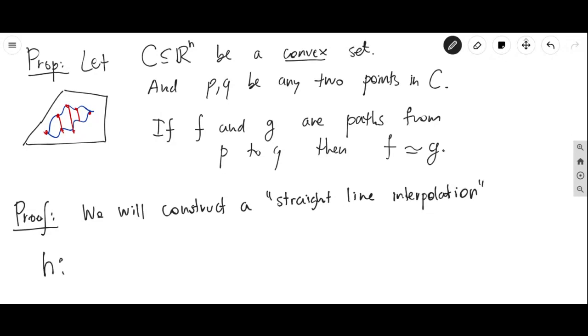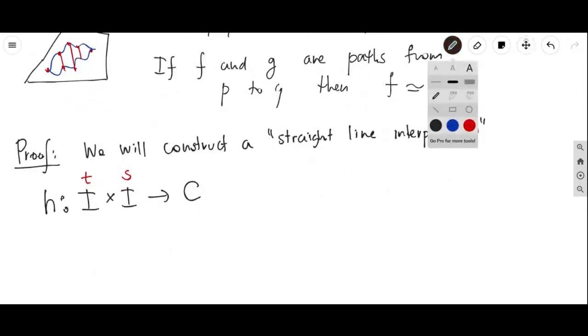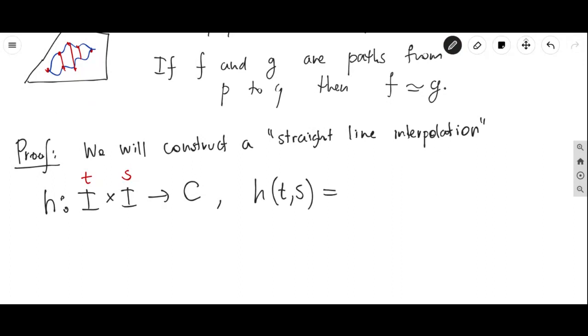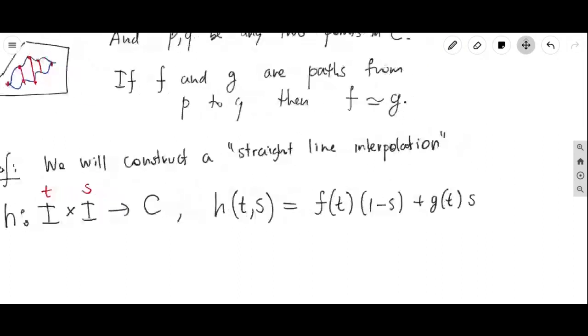We're going to have a homotopy that takes us from I times I into our convex set. Think of this as the time parameter, and this as the interpolation parameter. The way we do it is h of t comma s is equal to f of t times 1 minus s plus g of t times s. Okay, that's what this means.